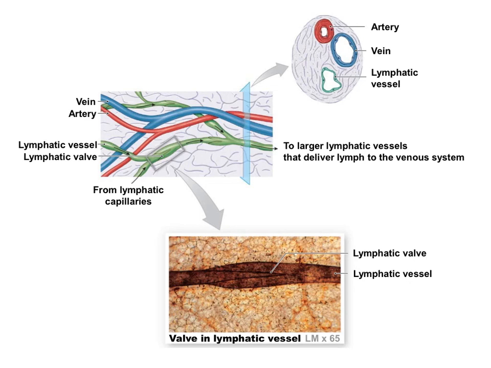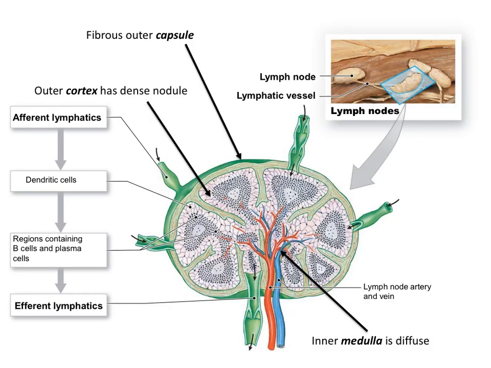So we'll just see very low pressure, very thin wall, parallel motion. They do need valves, and you can actually see the valve here in this microscopic section. Now, along the way, the lymph is going to get filtered in lymph nodes. And there are lymph nodes in lots of different places on the body.